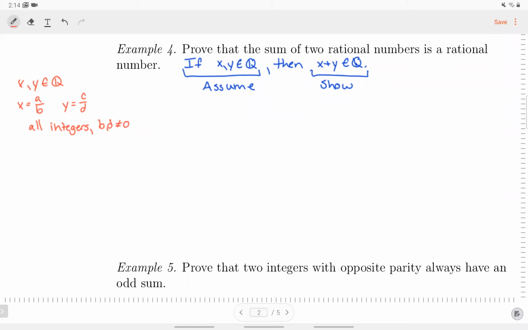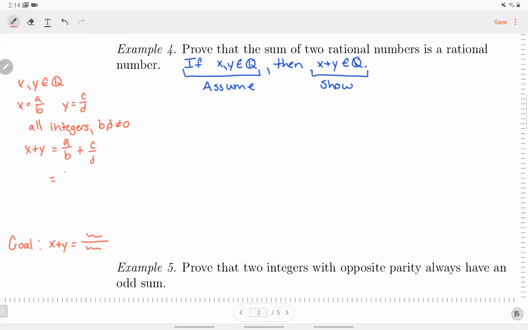All right. So my goal is to get x plus y to have the form something over something, integer over integer. Okay, integer over not 0 integer to be more specific. So I'd better look at x plus y. Well, x is a over b, y is c over d.